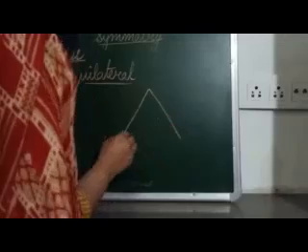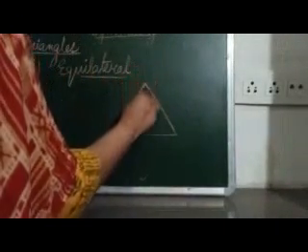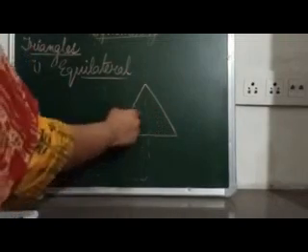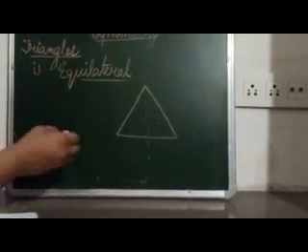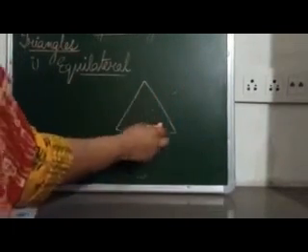So suppose this is an equilateral triangle. We can divide this equilateral triangle into two equal parts by drawing a line like this. It is divided into two equal parts. We can also draw the line through this vertex. Then again it will be divided into two equal parts.